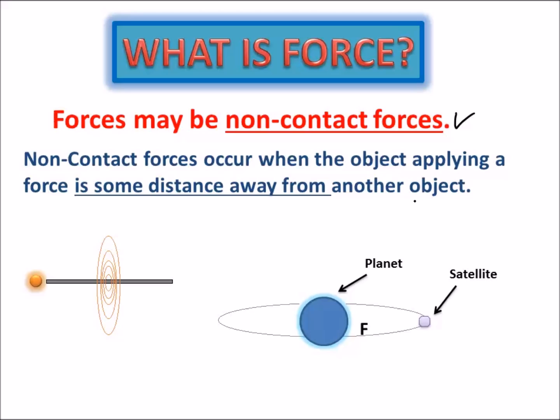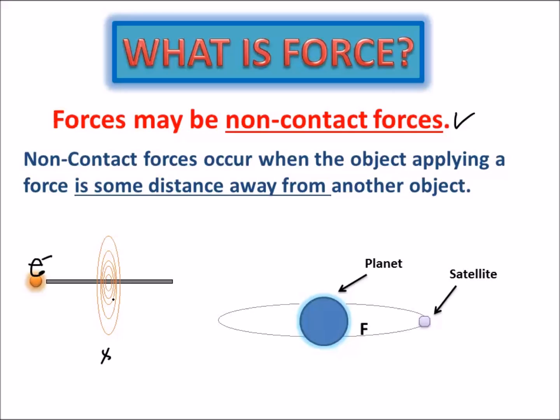Great example for this is this electron that's going to move from left to right along this wire. And when that electron moves along the wire, it generates an electromagnetic field that extends outward from the wire. And that electromagnetic field can apply a force to some other object some distance away from the wire.